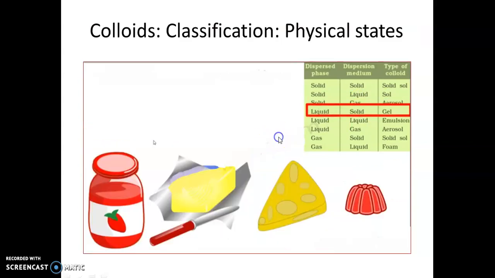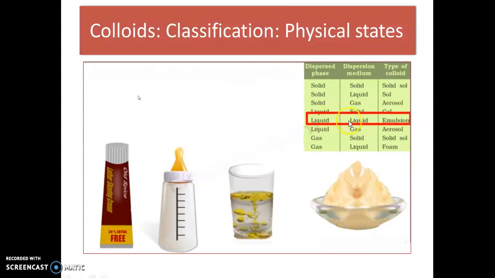Next is liquid in solid. When the dispersed phase is liquid and dispersion medium is solid, that colloid is known as gel, and we can take the example of jam, jelly, butter. These are examples of gel. Next is liquid in liquid, that is known as emulsion. In emulsion we can take examples milk, cream, cold cream, shaving cream.